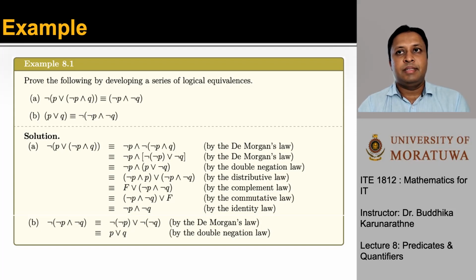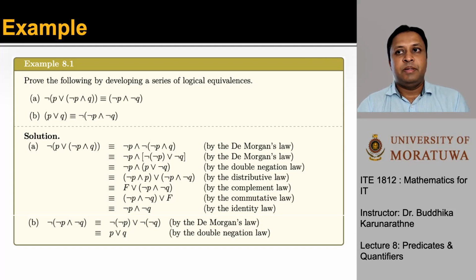Similarly, for statement B, we need to prove P disjunction Q is equivalent to negation of negation P, conjunction negation Q. So in this case, we start with the right-hand side, which is negation of negation P, conjunction negation Q. At the first step, we apply De Morgan's law to simplify.